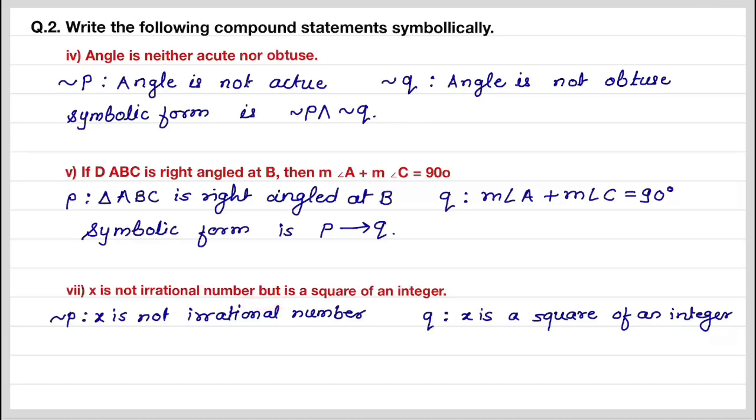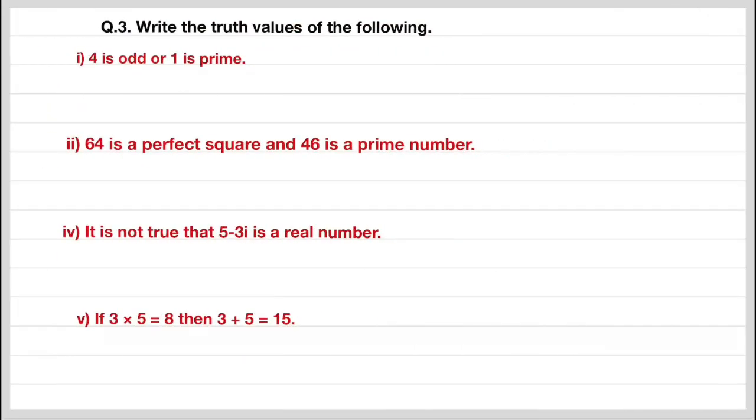That means it is conjunction of these two statements. Symbolic form is negation of P and Q. Good. Now question number 3.